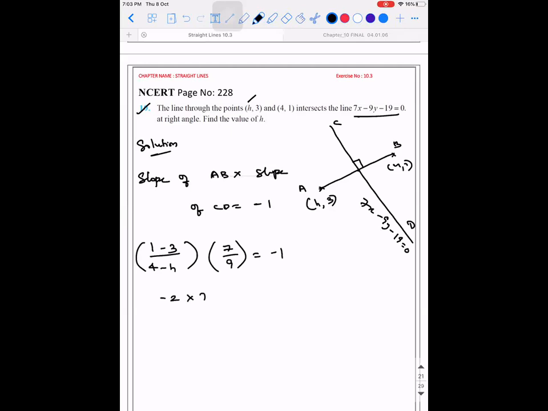So minus 2 into 7 divided by 9 into (4 minus h) is equal to minus 1. Minus and minus will get cancelled, which implies 14 is equal to 36 minus 9h, which implies 9h is equal to 22.